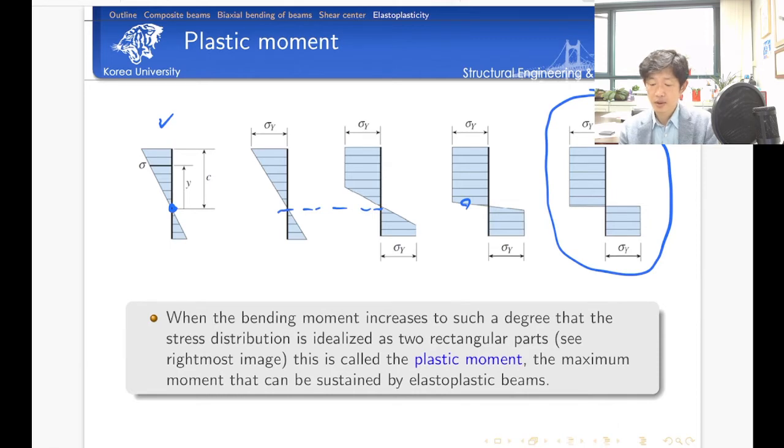The situation here is called a plastic hinge, because once it reaches perfect plasticity in the cross section, we have rotation in this cross section. That's why we call it plastic hinge. It is called 소성 힌지 상황.